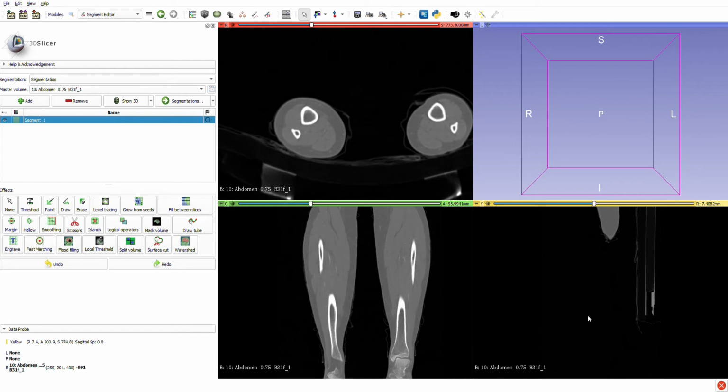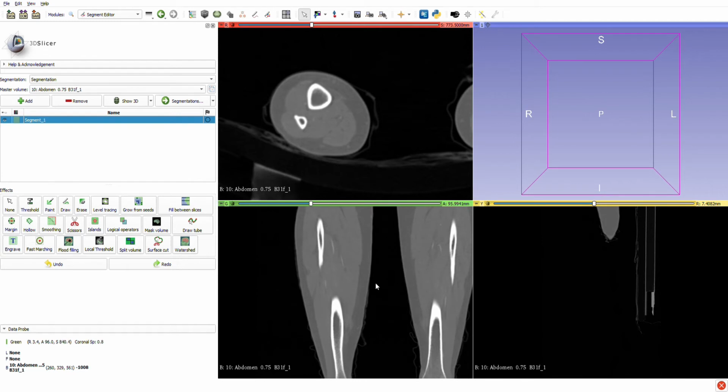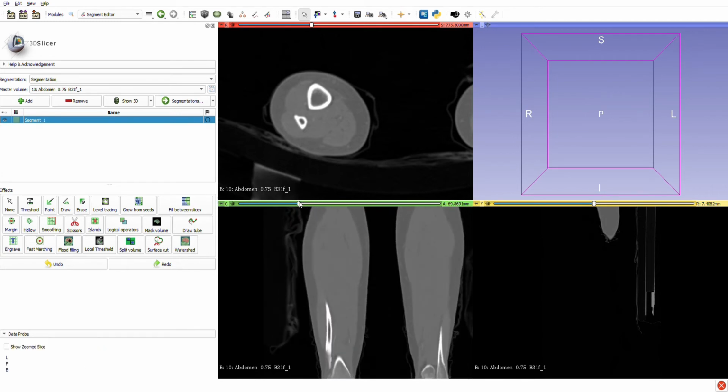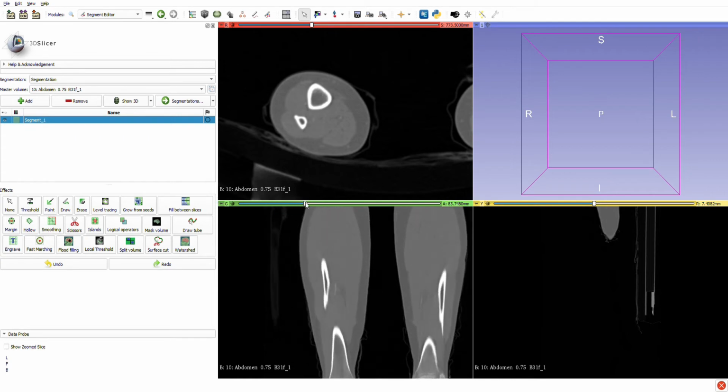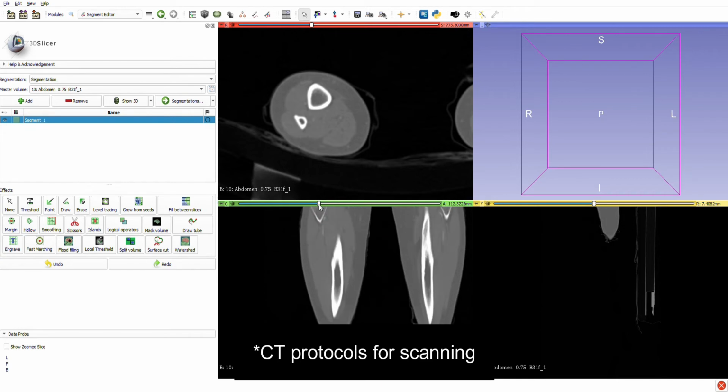In this next case, the person is from an outside hospital and unfortunately the CT angio is not as good quality as I used to have, because they have a different CT.